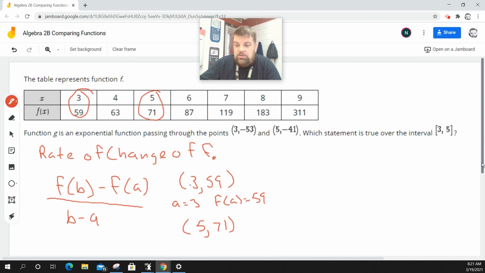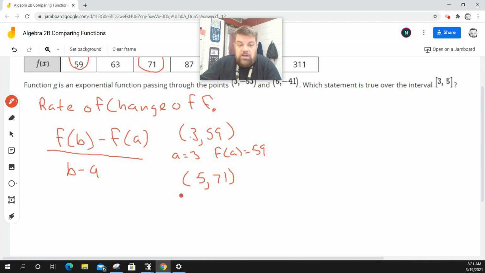So b would equal 5, and f of b equals 71. So if I just plug this in, I'm going to say 71 minus 59 all over 5 minus 3.